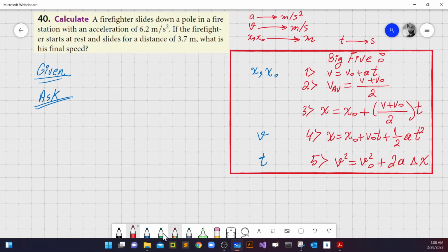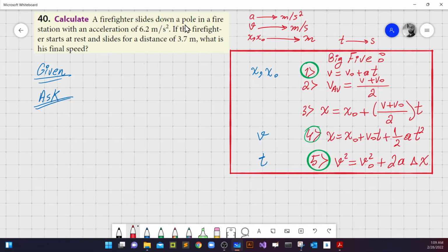The most important thing is to know that the first, the fourth and the fifth equations are very important. So let's start by solving the first exercise.